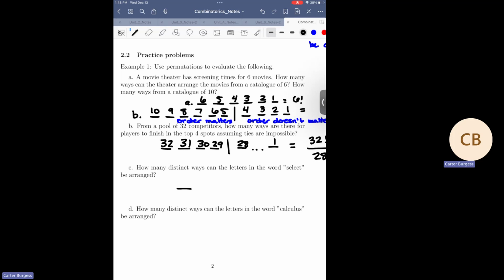So for instance, this first slot of mine is going to be where I send my S. The second slot will be what I do with my L. The third slot will be what I do with my C. The fourth slot, what I do with my T. And the last two slots will be what I do with my E.